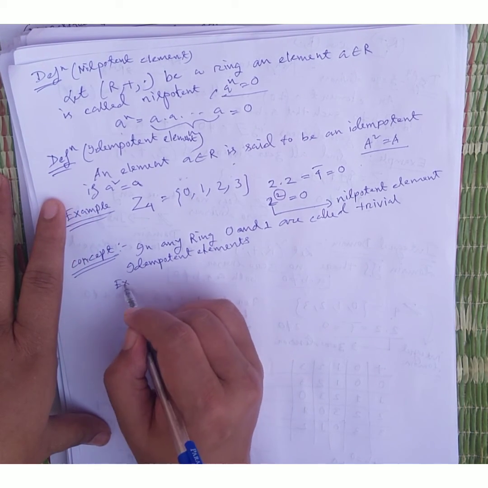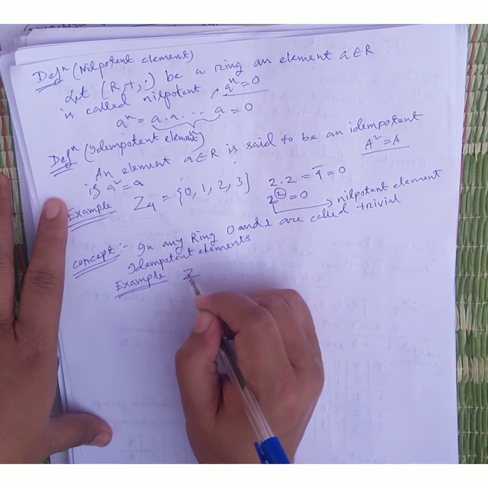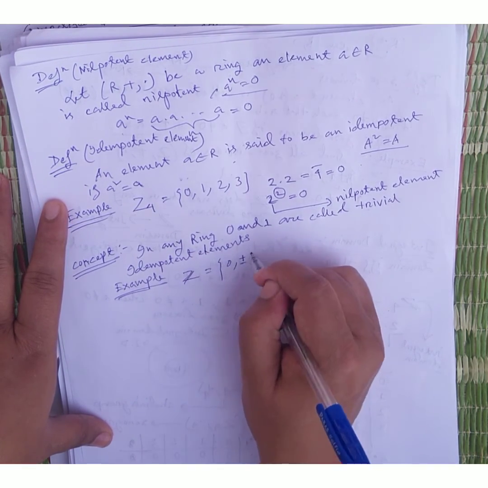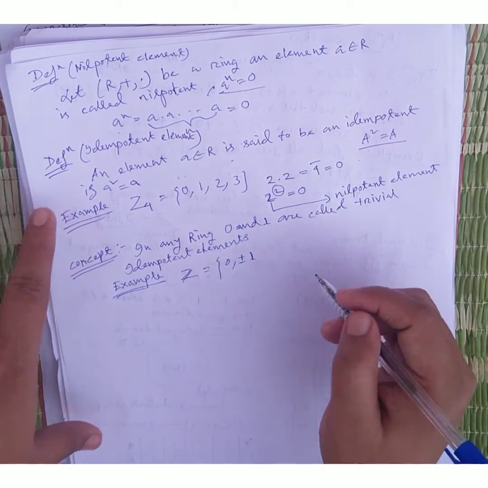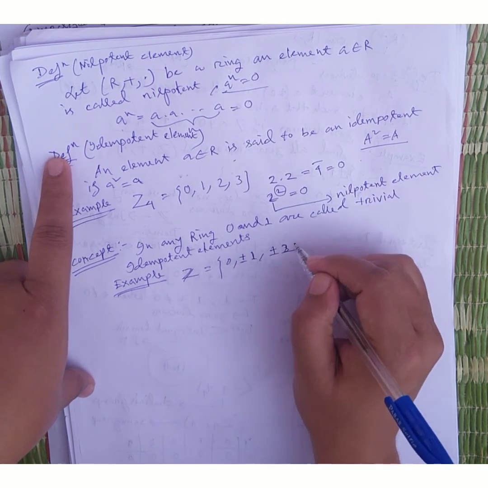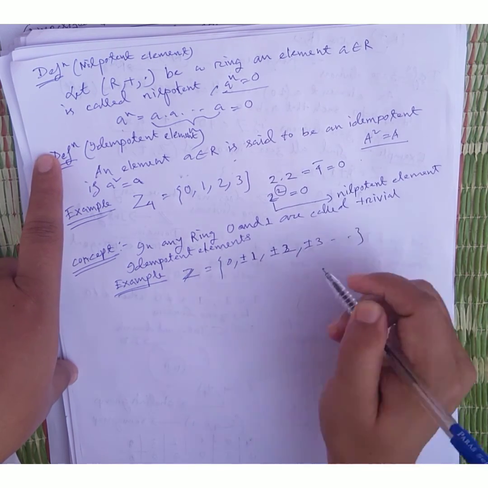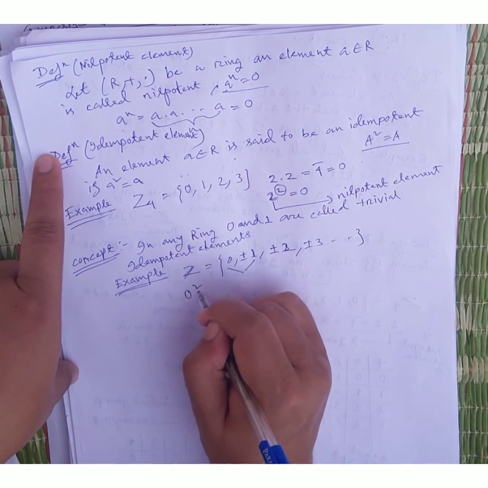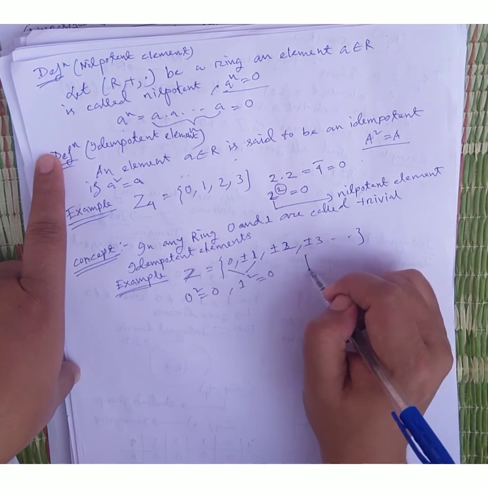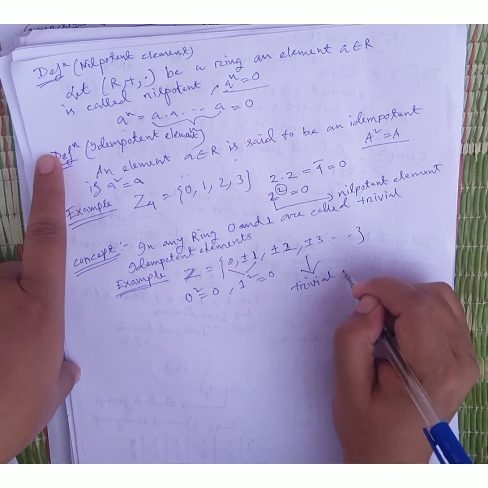Example: in Z, the trivial idempotent elements are 0 and plus minus 1, and plus minus 2 and plus minus 3, etc. 0 square is equal to 0 and 1 square is equal to 1. So it is a trivial idempotent element.